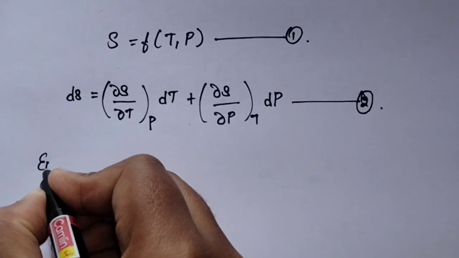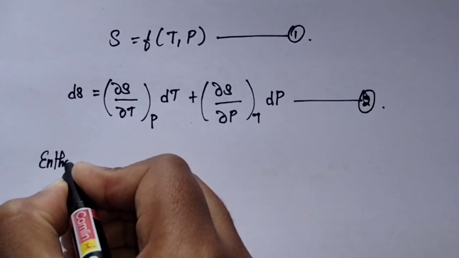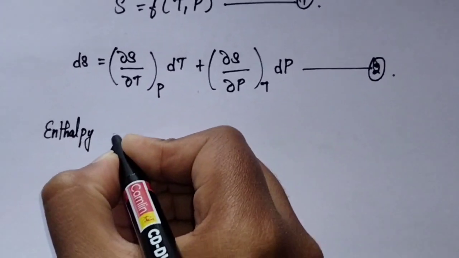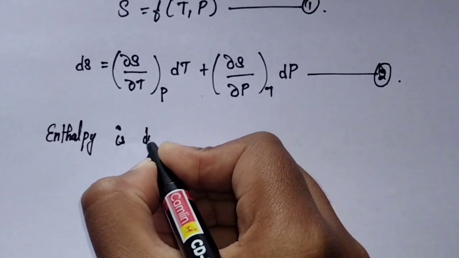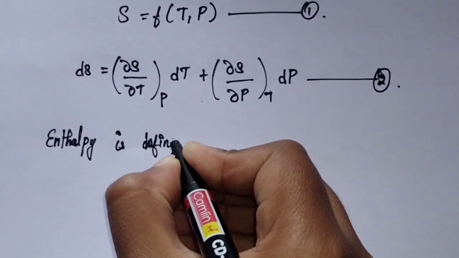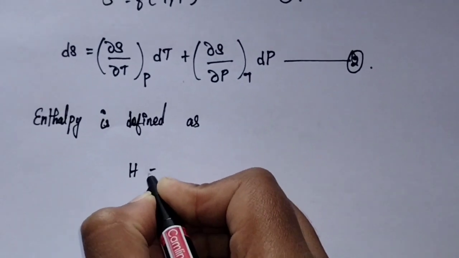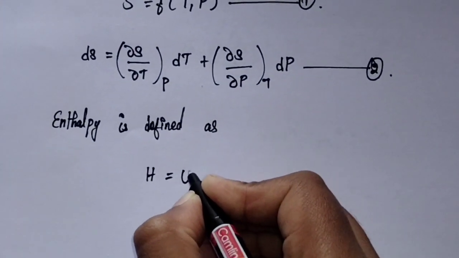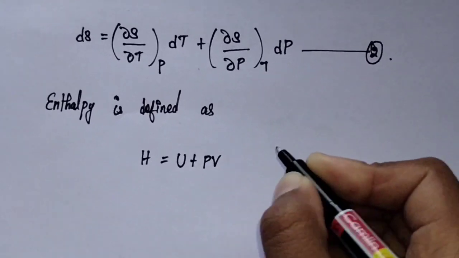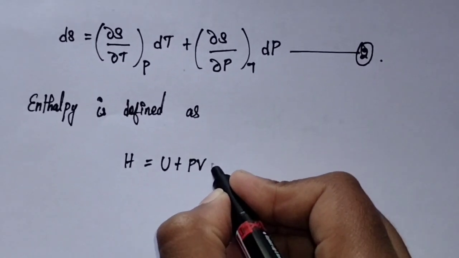Enthalpy is defined as H equals U plus PV. Take this as equation number 3.